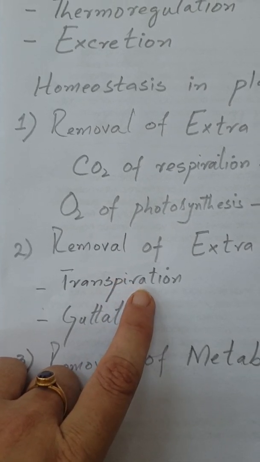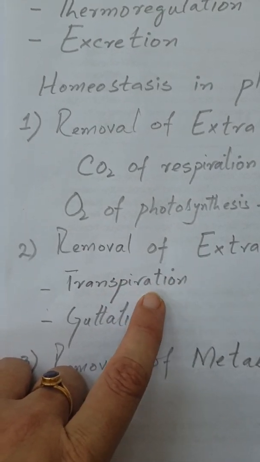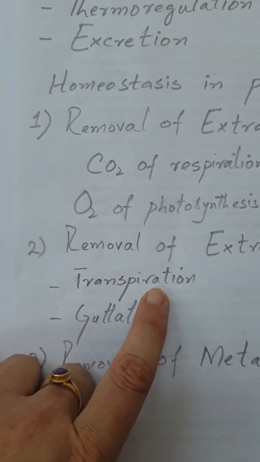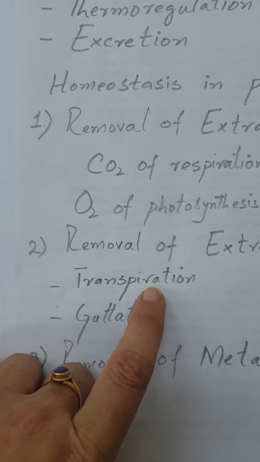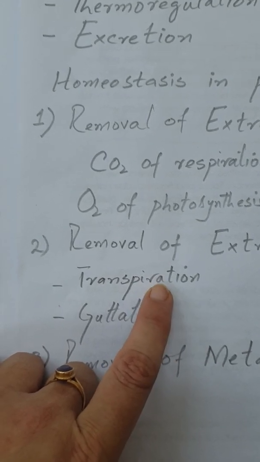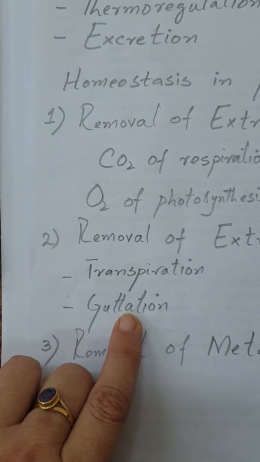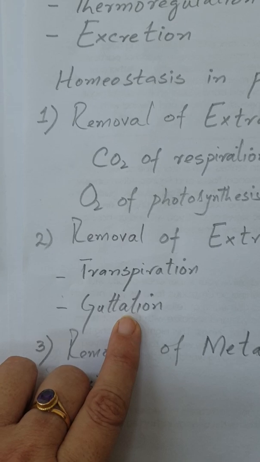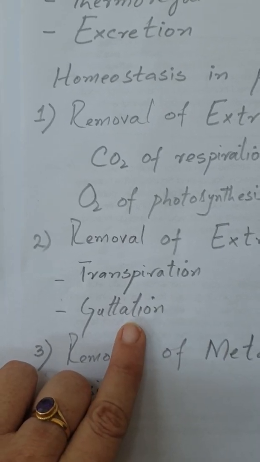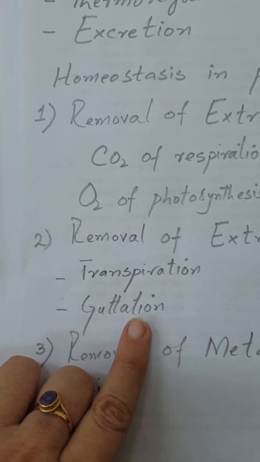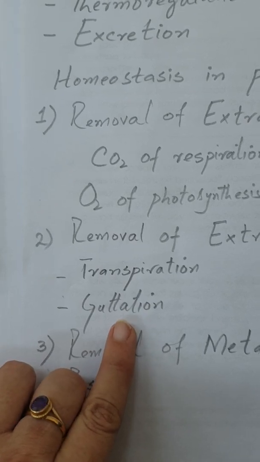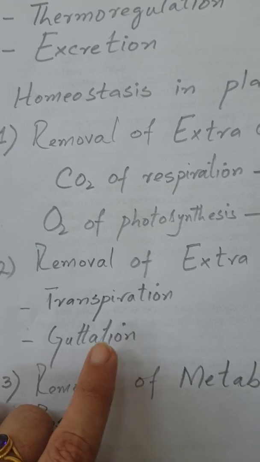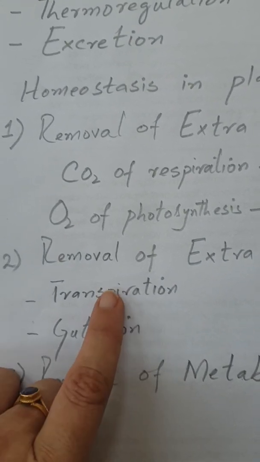Transpiration is the removal of extra water through the leaves, the evaporation of extra water through the stomata present in the leaves. When the stomata release that extra water, that is transpiration. Some plants release water through the stem, or in the roots, especially at night time when there is no transpiration.